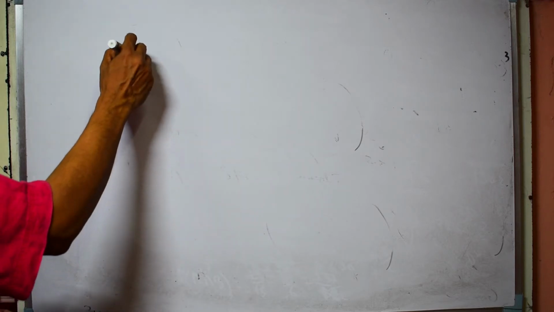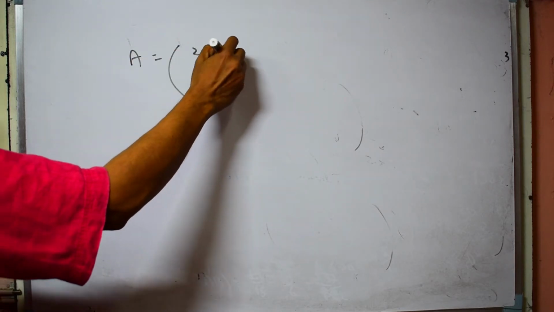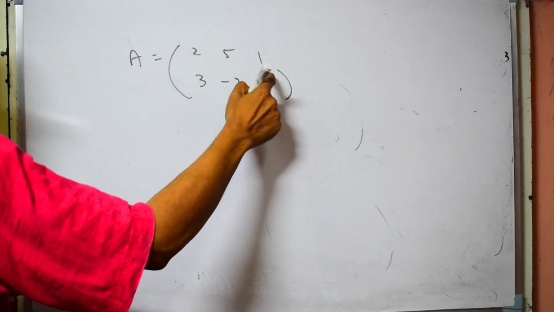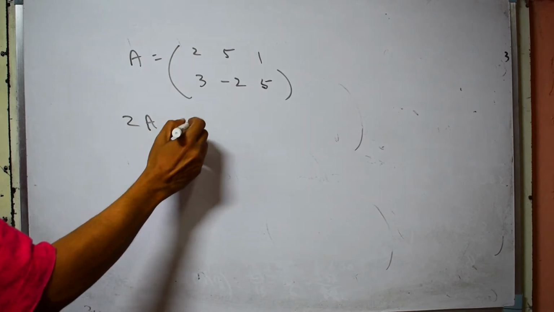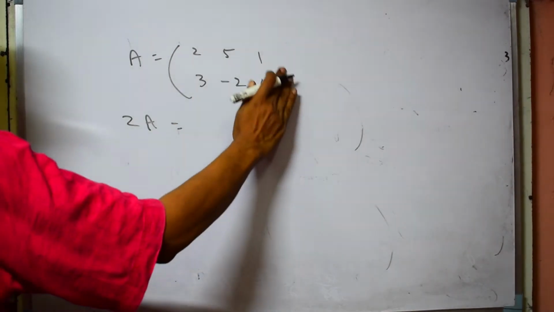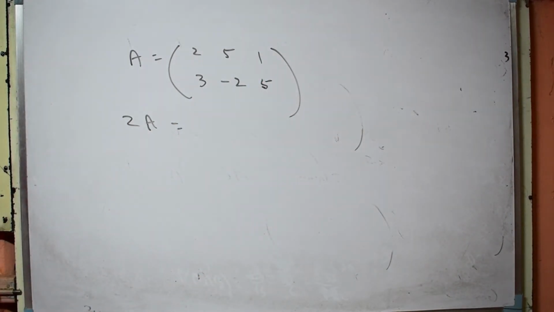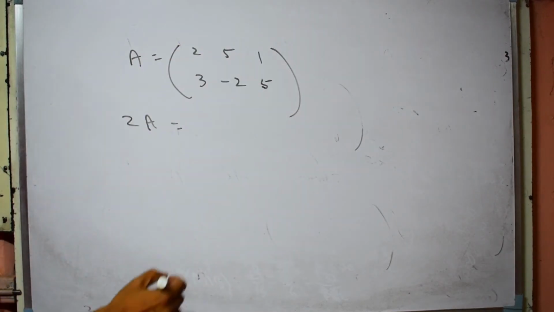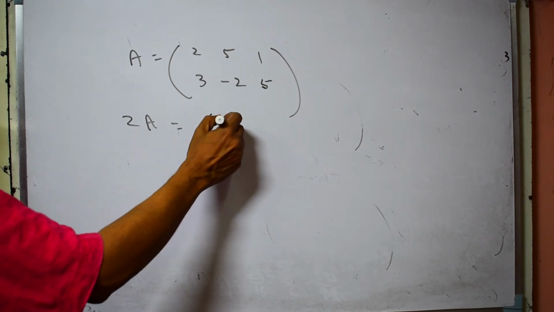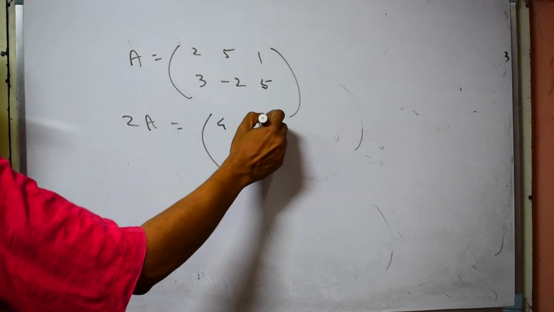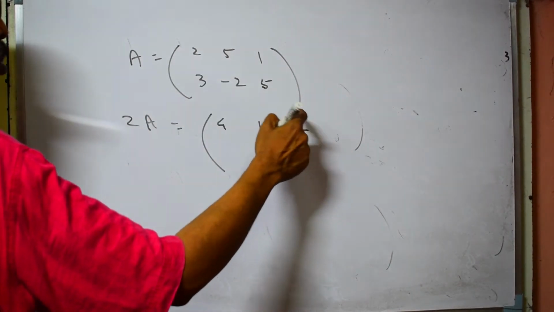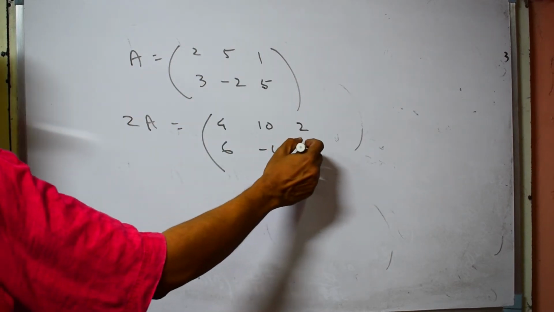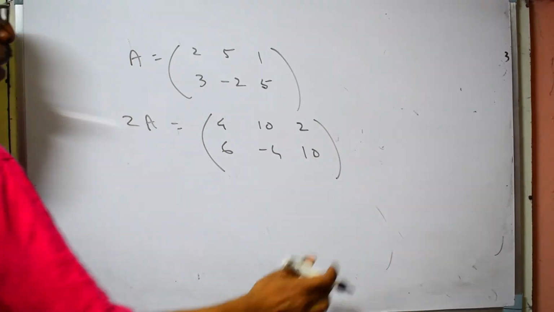That means if A is a matrix 2, 5, 1, 3, minus 2, 5, then if I take 2A, all the values inside the matrix will be multiplied by 2. It will become 4, 2 5s are 10, 2 1s are 2, 3 2s are 6, 2 2s are minus 4 and 5 2s are 10. So it will become this one.